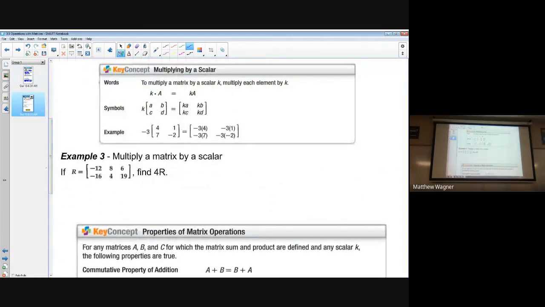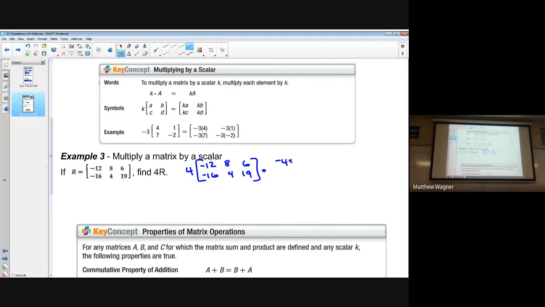The next operation we're going to look at is scalar multiplication, and this is pretty straightforward as well. You can think of this almost as the distributive property. So if I'm looking for 4 of this matrix, what would intuition tell you? There's a 4 out front, we have those brackets, so you just multiply everything by 4.